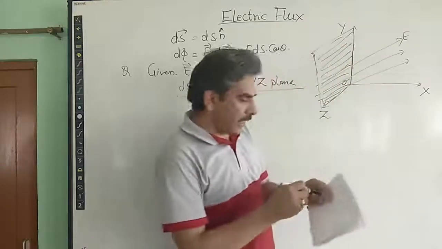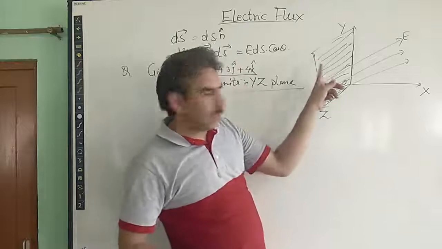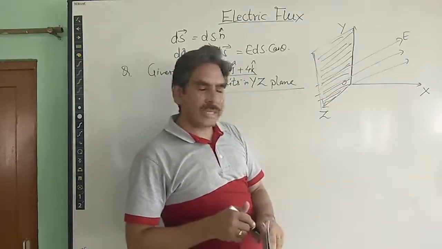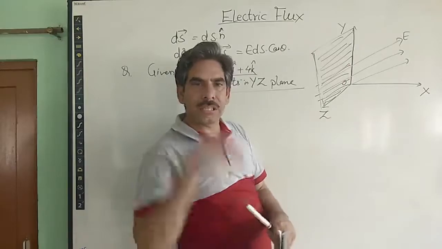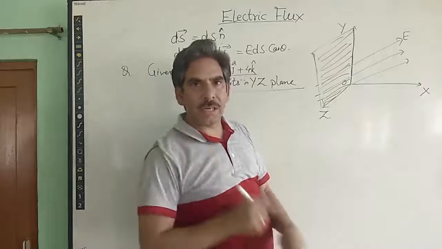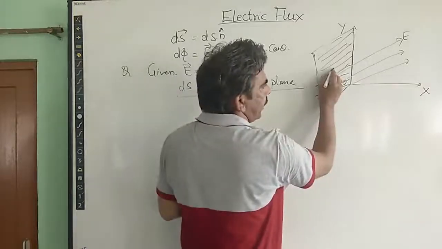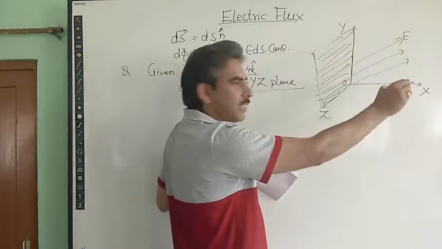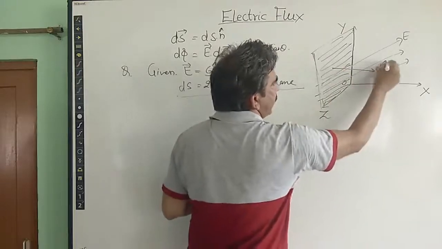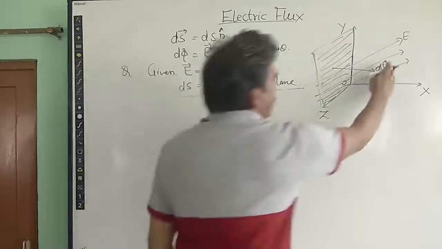If the surface area is in the YZ plane, then I can define its area vector, with ds of 20 units, as directed along the x-axis. So this is the ds vector here.